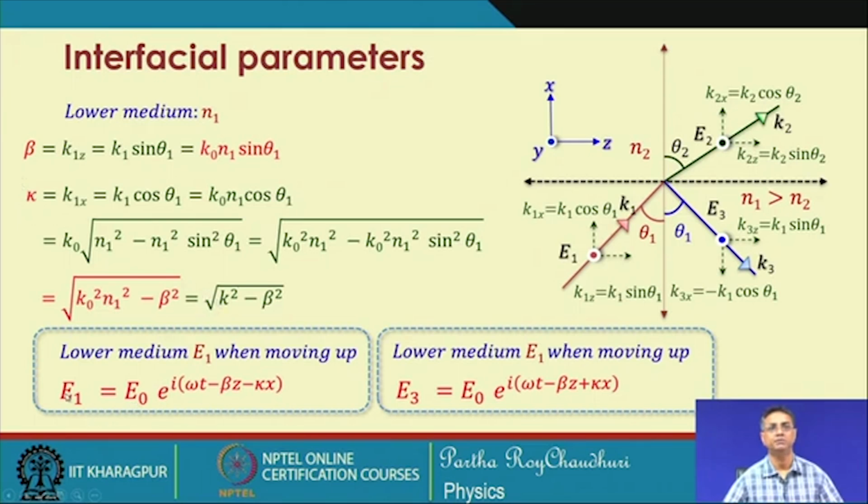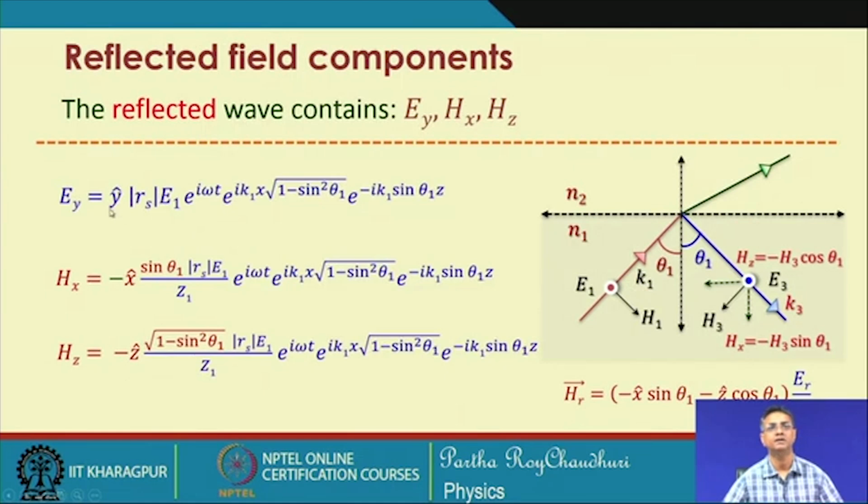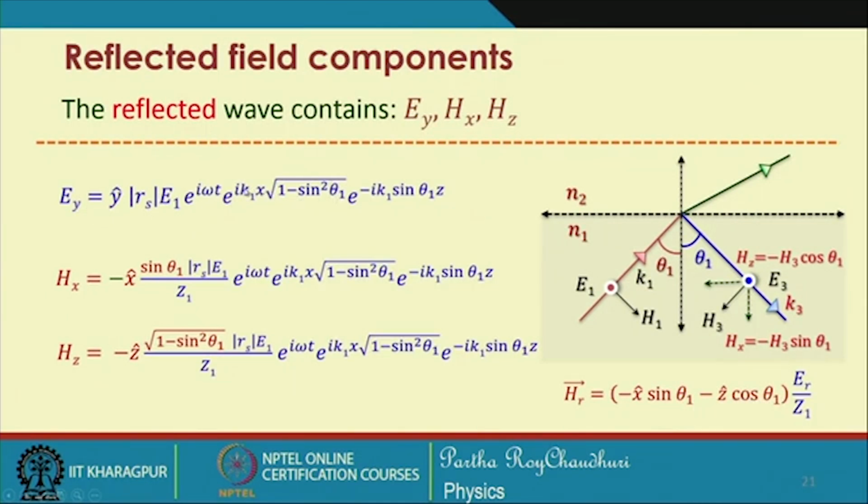For the lower medium, for the field E 1 moving up, we have E 1 equal to E 0 e to the power of i omega t minus beta z minus k x. These are the factors which are appearing. You can look back at this electric field: you have k 1 x into cosine theta and k 1 z into sin theta 1.